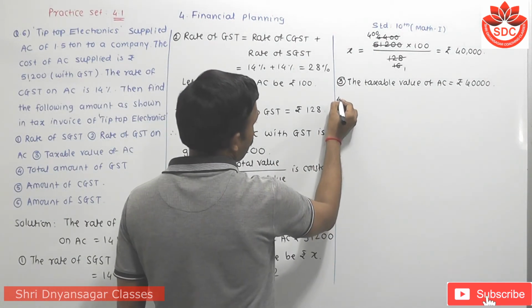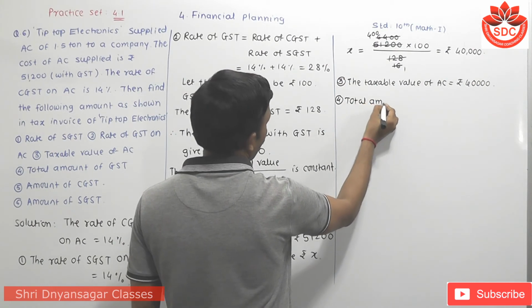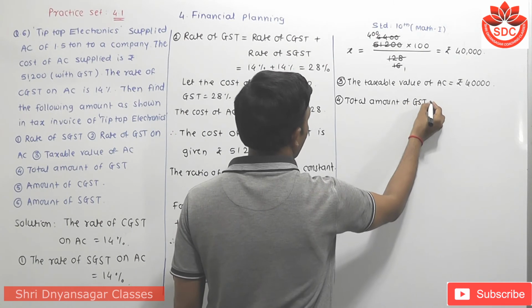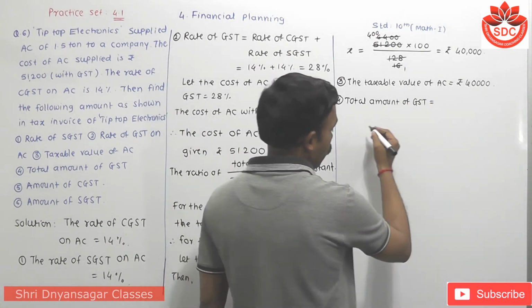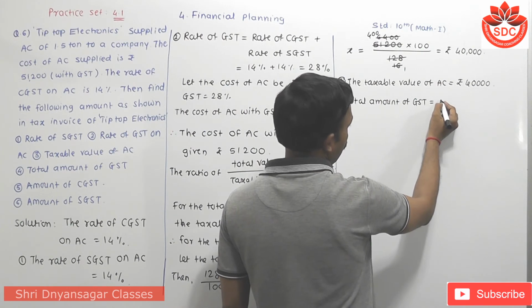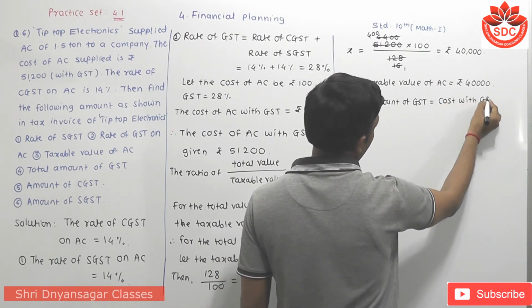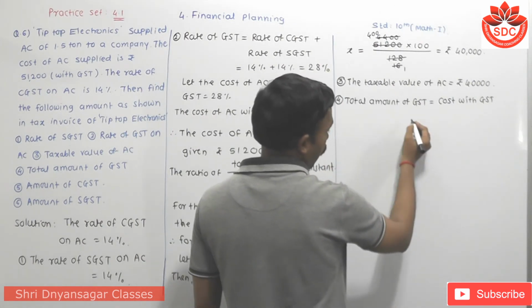Okay. Then we take next one, the question for total amount of GST. Therefore, total amount is equals to cost with GST minus taxable value.